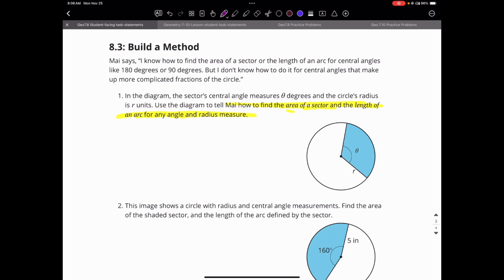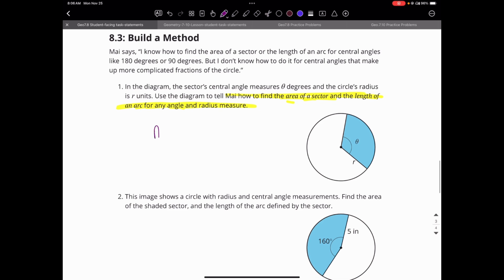So, just a reminder, the area of a sector is going to equal theta, whatever that angle measure is for that central angle, over 360 times pi r squared.